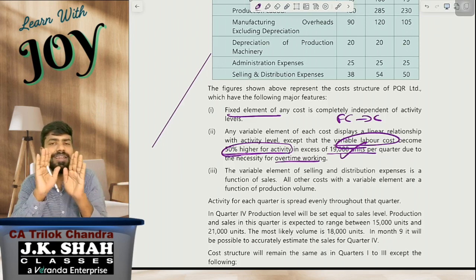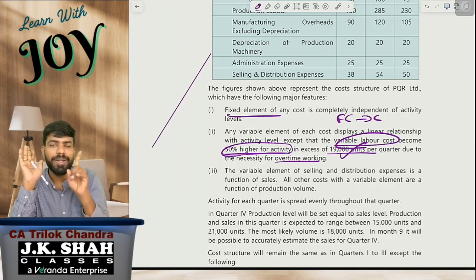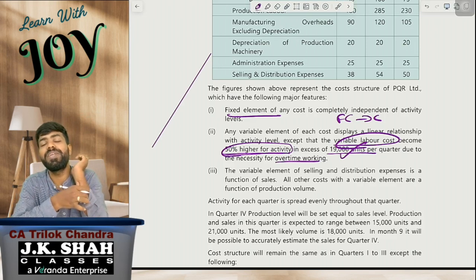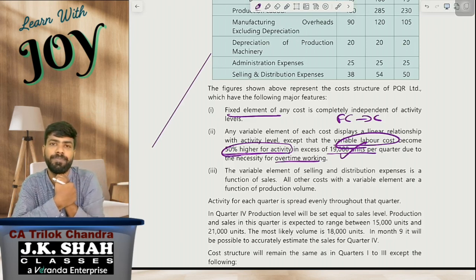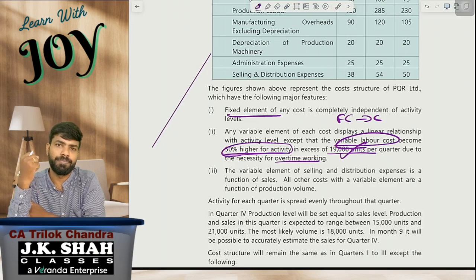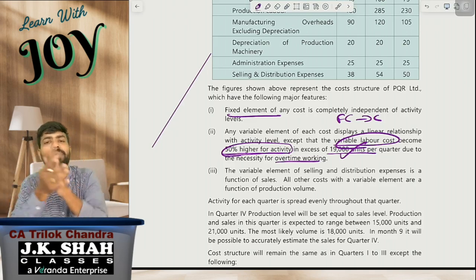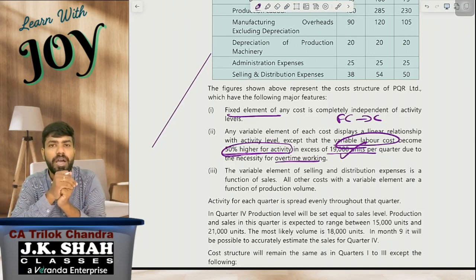Remember, there is a linear relationship for the variable cost, but the only exception is labor cost. When they work overtime, they expect an overtime premium, so because of the overtime premium it increases by 50%. So it becomes 15 rupees. Are you understanding?